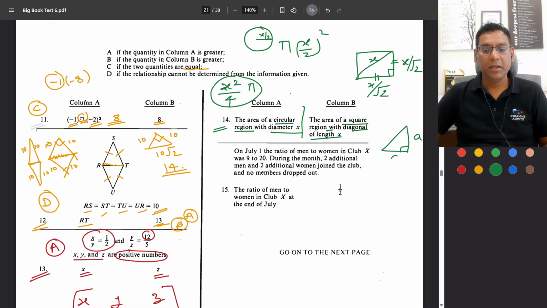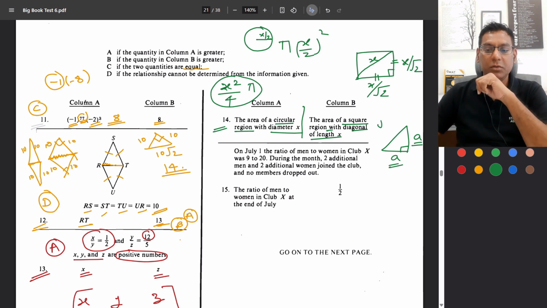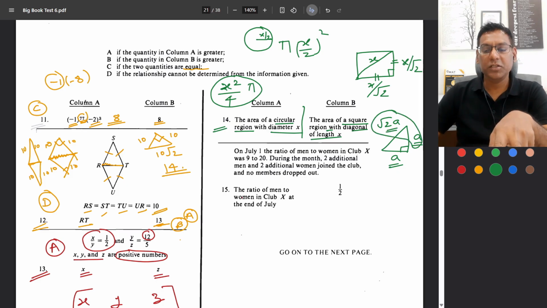The diagonal with Pythagorean theorem is going to be a square plus a square, that is 2a square, root of that, so this is going to be root 2 a. So the ratio is basically you divide the hypotenuse by root 2 to get the side. Same thing here, divide the hypotenuse by root 2 to get the side.